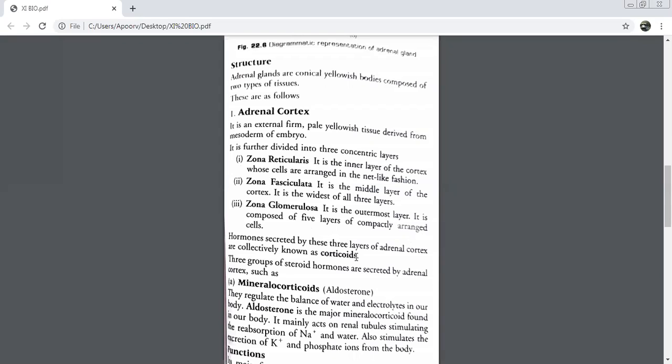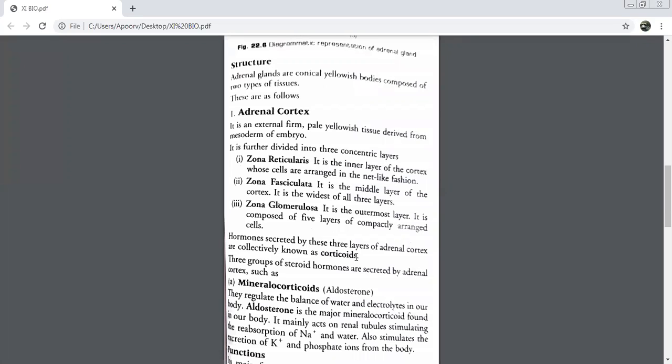So which is the first kind of tissue quickly? Adrenal cortex. Derived from which layer of the embryo? Mesoderm. And this is further divided into how many concentric layers? Three. If I start from the innermost where the cells are net-like in fashion, that layer is known as zona reticularis.